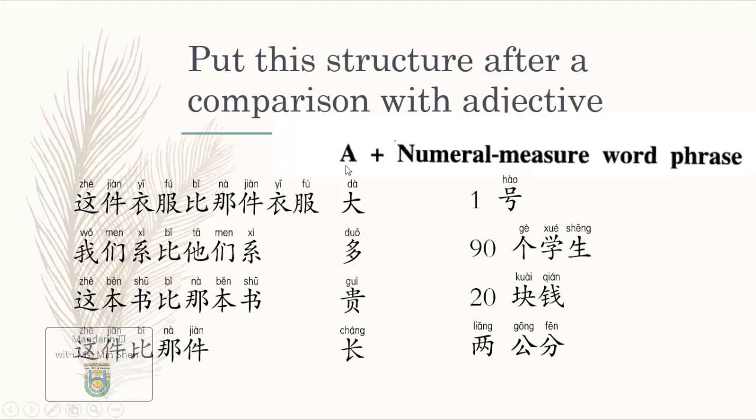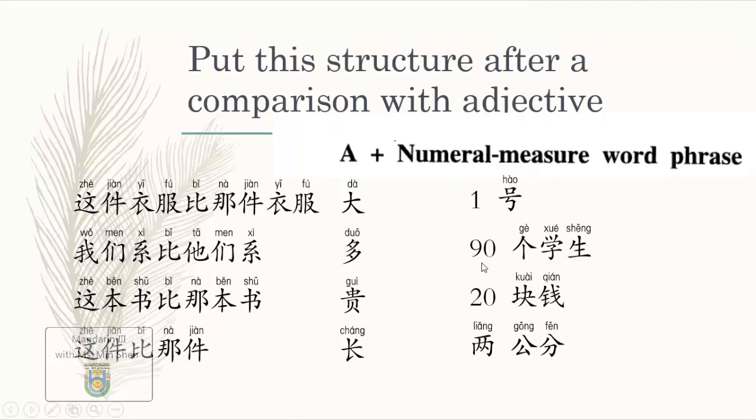But today, we know how to use this complement of quantity, a complement which gives more details to the predicate. It tells to what extent, or how much difference. So we can put this structure after comparisons.